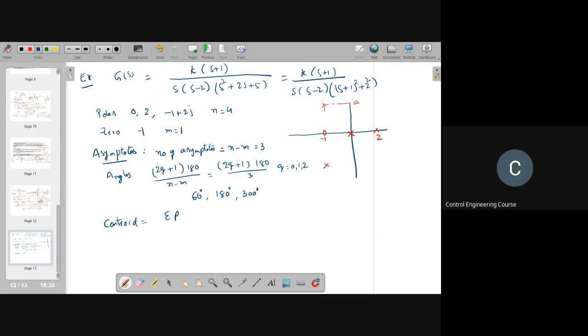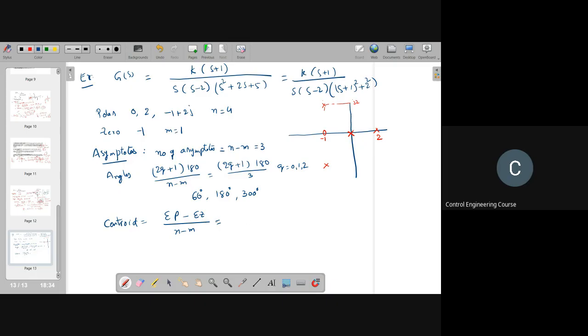Sum of poles minus sum of zeros divided by n minus m. I simply said that real parts only is enough because the poles are complex conjugates, so their imaginary parts get cancelled. We don't need to consider the imaginary part when summing up poles.